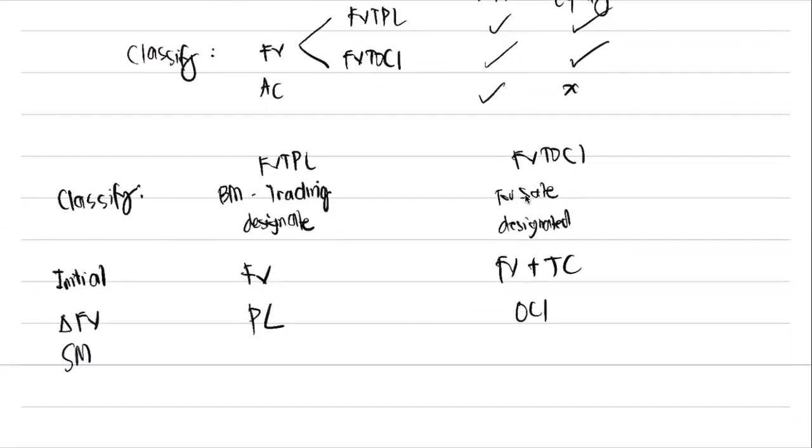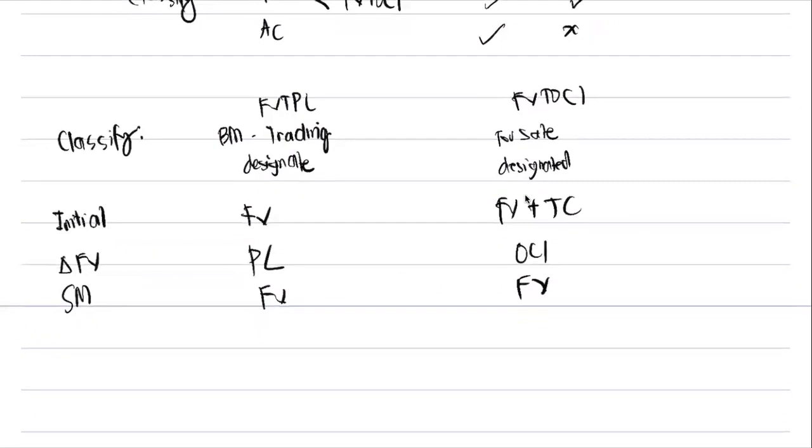Now, your subsequent measurement, both are subsequently measured at fair value. How about the treatment of transaction costs? Under FVTPL, what is the treatment of your transaction costs? It is expense. FVTOCI, it is capitalize. Okay. Impairment. Dito naman tayo sa impairment.